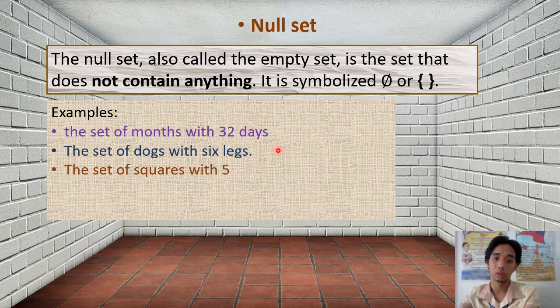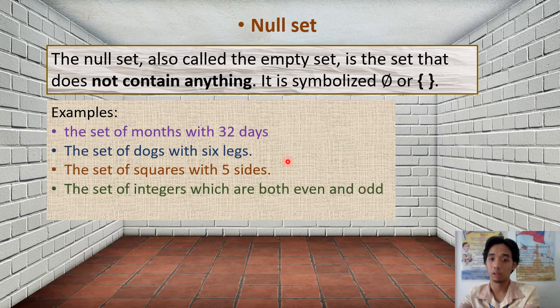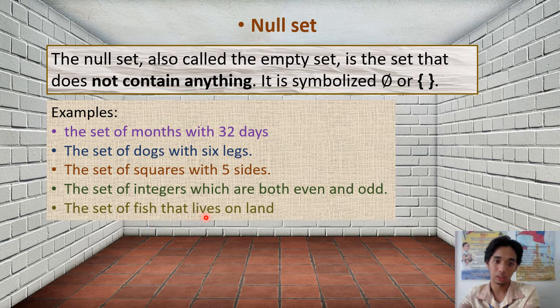Then the set of squares with 5 sides. The set of integers which are both even and odd. So wala naman ganyan. Kaya null set. So these are the examples of null set or the set that has no elements. And thus the set of fish that lives on land.